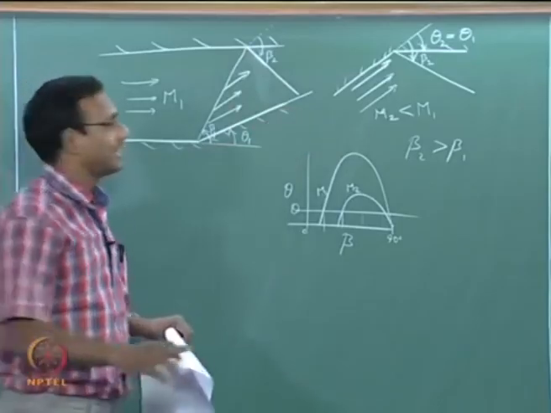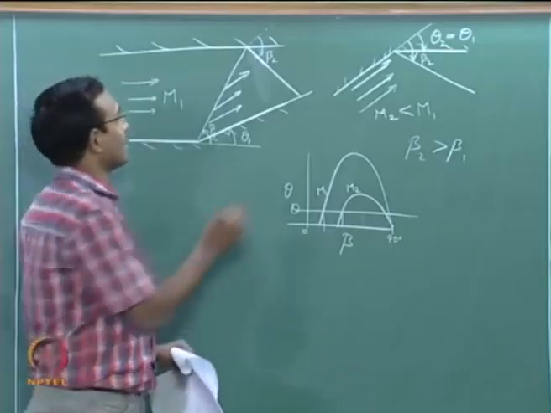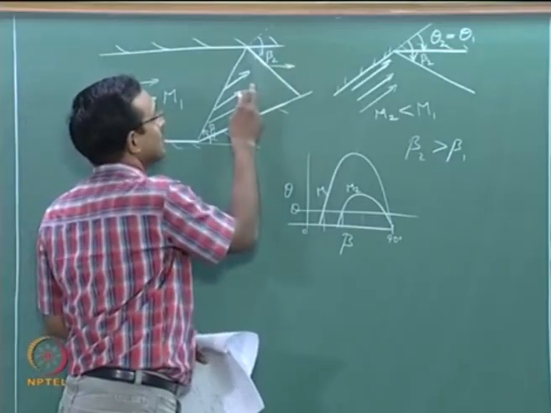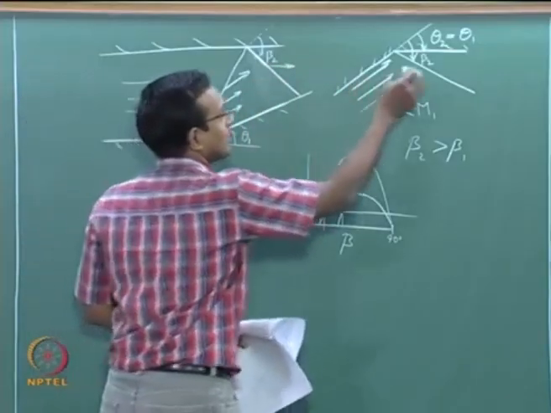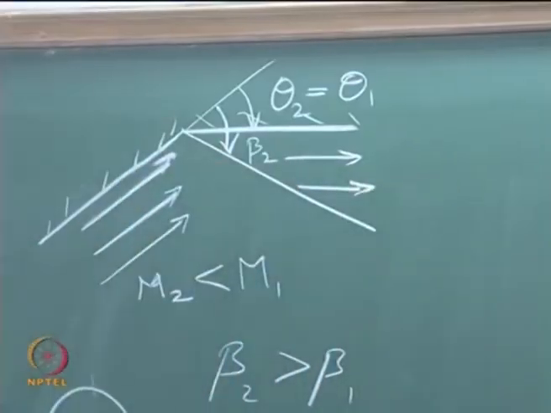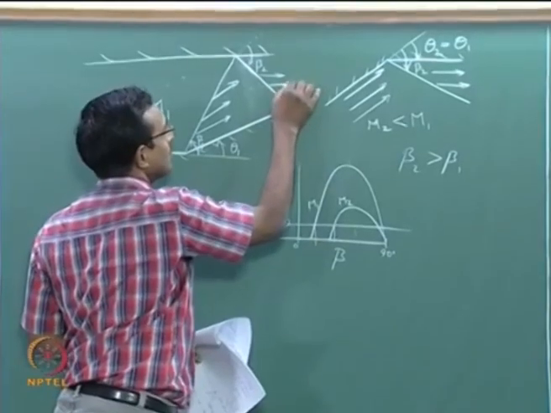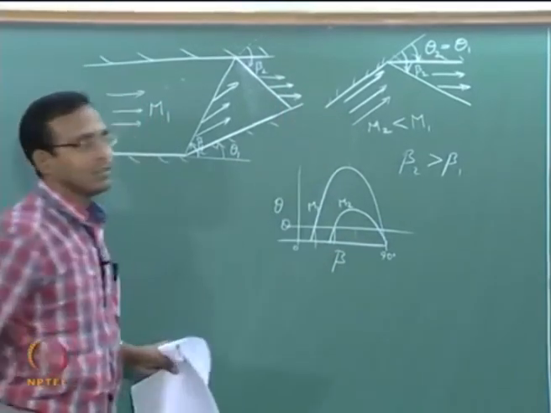Now, what do I do with the next shock that is coming here? Again the exact same problem repeats. What is the duty of this shock? It is going to turn the flow parallel to the new wall, which is your original horizontal wall, this wall. So, it is all going to go this way now. Now, what will happen?